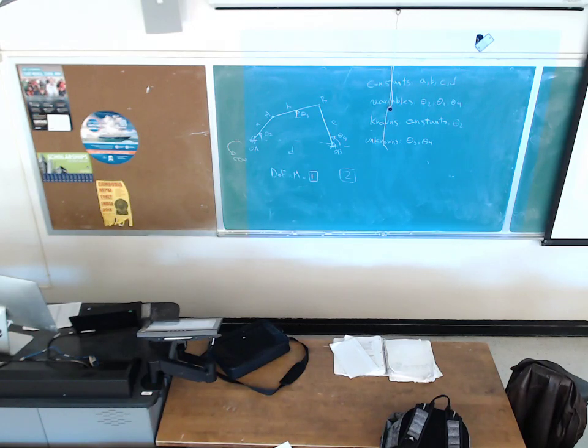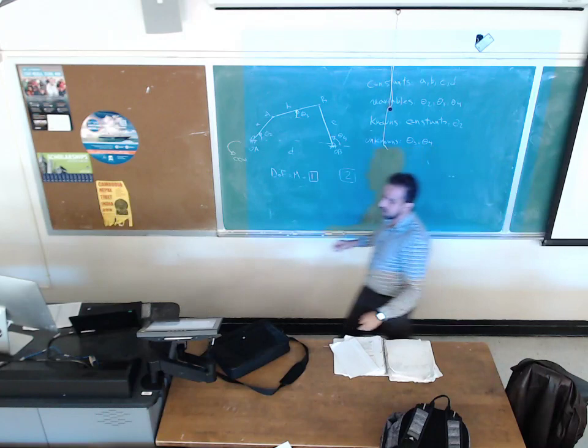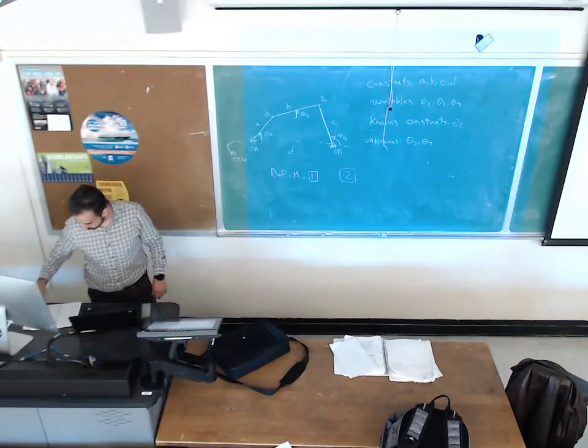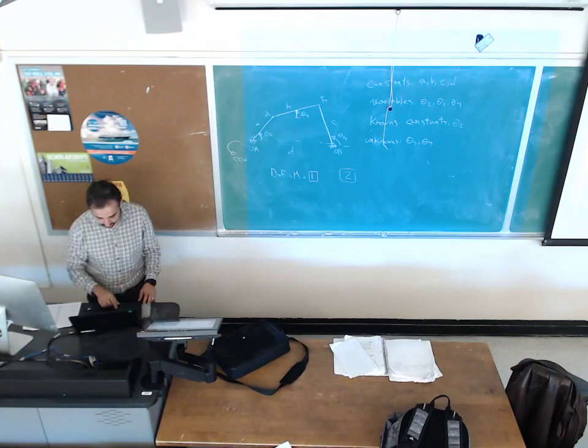What about this? Well, then there's only one. And what about this? Then there's none. So there are three possibilities that you might find on the intersection of two circles.